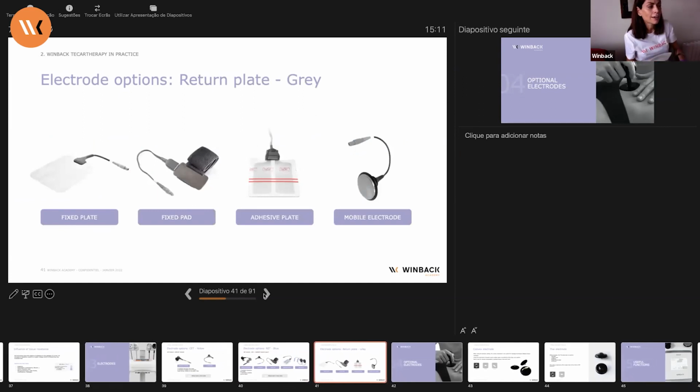So we have four options of return plate. We have the fixed plate, that is a big metal plate. You can clean it from one patient to the other, and it's really easy to put in every position. But if you work on dynamic, like pelvic vascular, or you want to do some work with the patient, you choose one fixed pad that gives you more freedom, and you don't have to worry that it will fall out, it won't stick out.